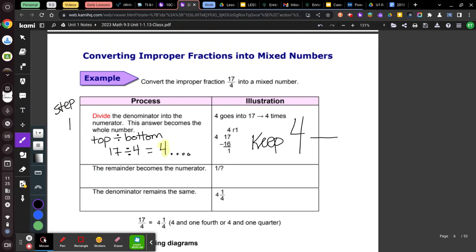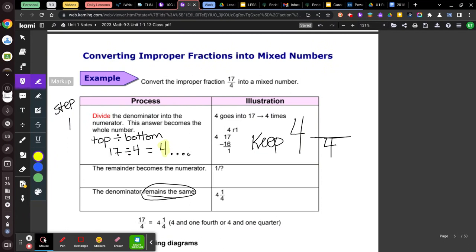So now we need to know the fraction. Now the bottom number stays the same. So our bottom number is going to be a 4. So I have a big 4 and I have a bottom 4. So now we have to times those two numbers. I'm going to take 4 times 4, and I get 16.